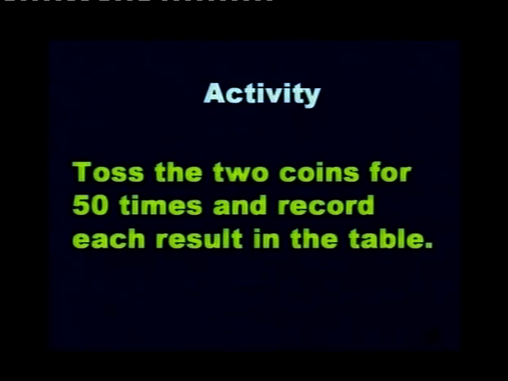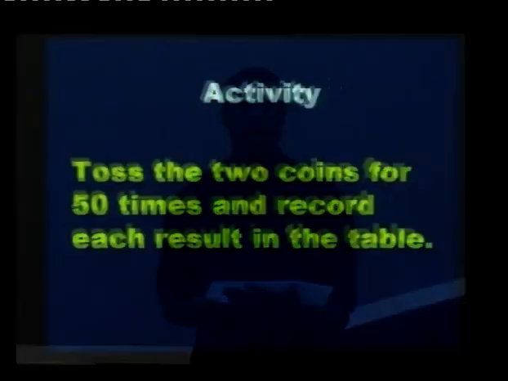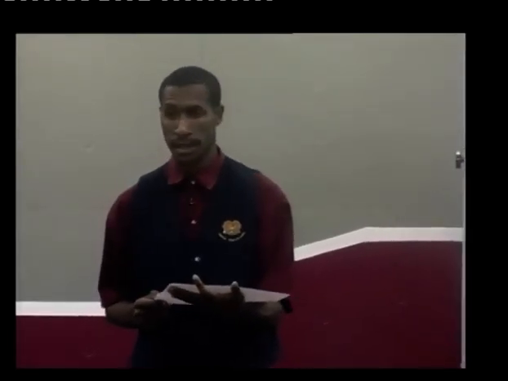Receiving students and ATs, I'd like to have your attention. Now, in your activity sheet, you should write your group number, the date and the lesson. The activity for you is to toss the coin 50 times and record the results.